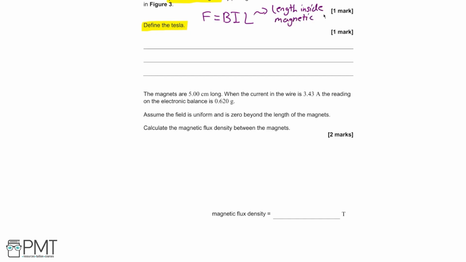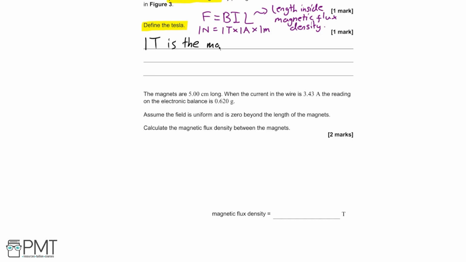So inside the magnetic flux density. Now our definition of the Tesla says that we get a 1 Newton force whenever I have 1 Tesla of magnetic flux density, 1 amp of current in the magnetic flux density over a length of 1 meter of that wire inside the magnetic flux density.